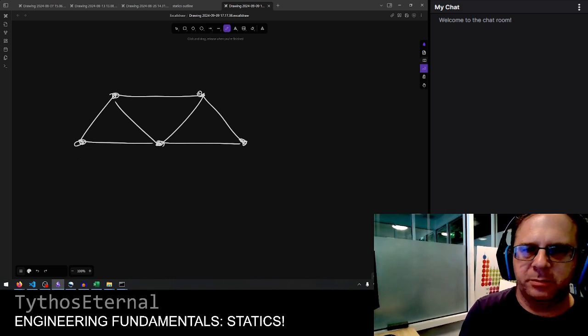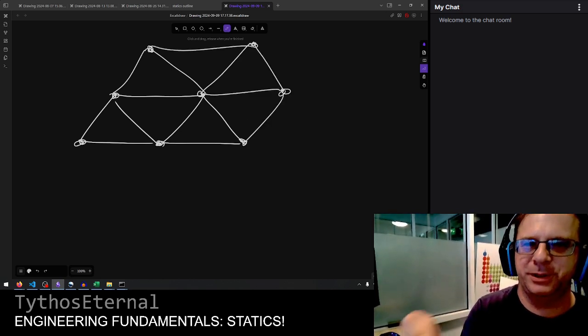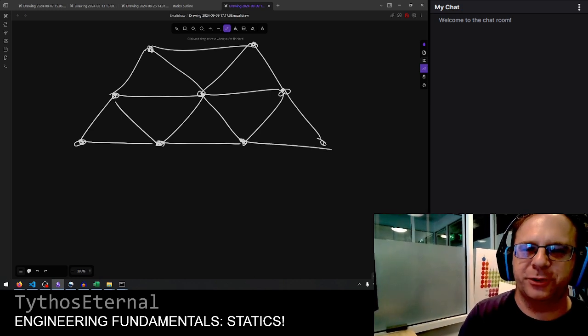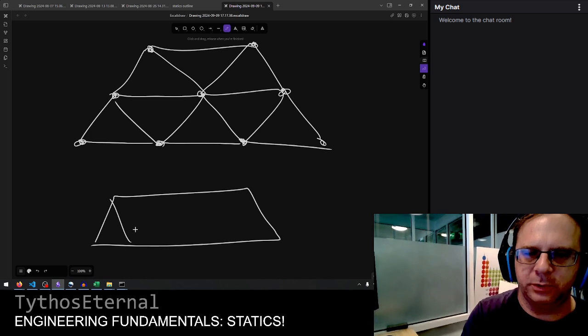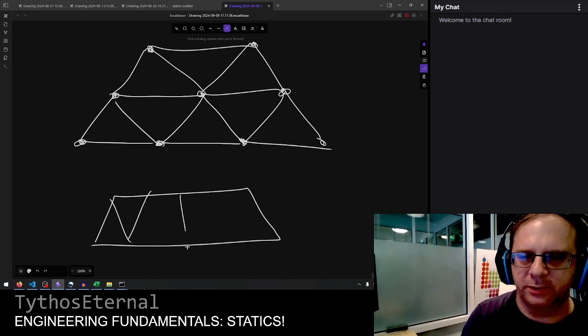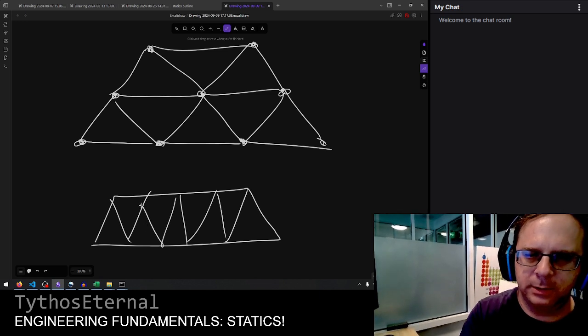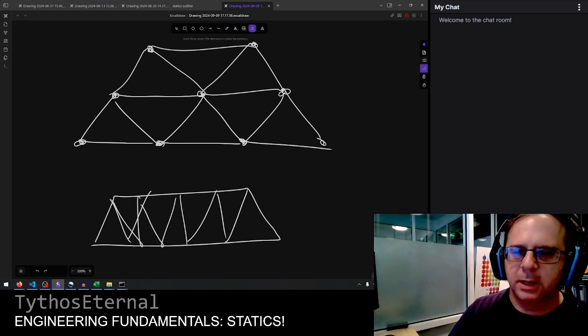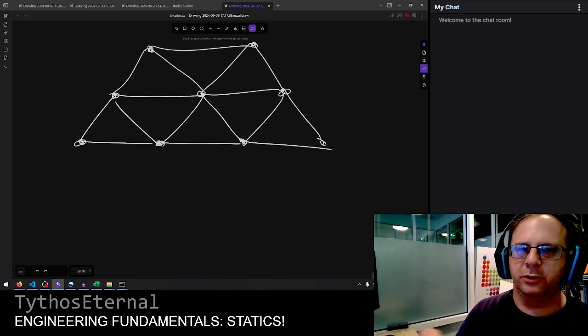So this might be some unique, I don't know, bridge design. That's a really bad bridge example, but there's all sorts of different truss designs in the world, and if you look at railroad bridges or what have you, the different truss designs basically shape and direct forces in different ways.